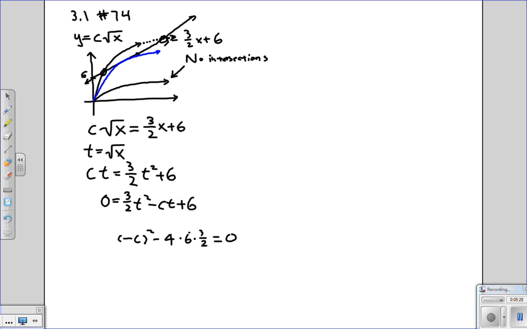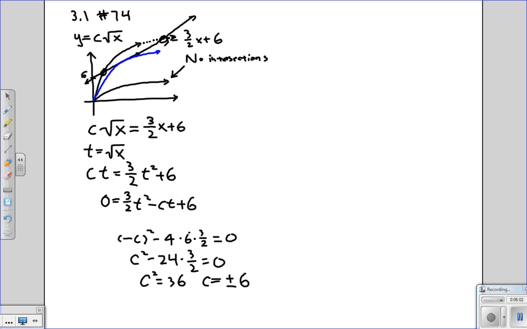So let's solve this. So this becomes c squared minus 24 times 3 over 2 is equal to 0. Or equivalently, c squared is equal to 36. So that means c is either equal to plus or minus 6.